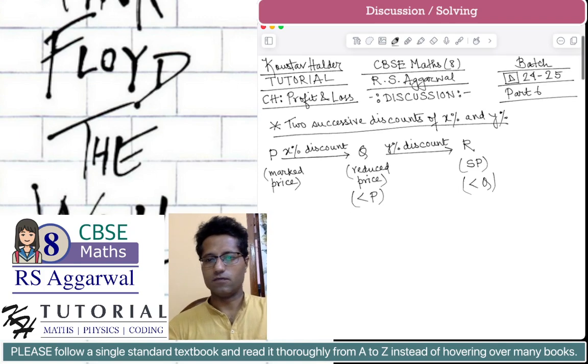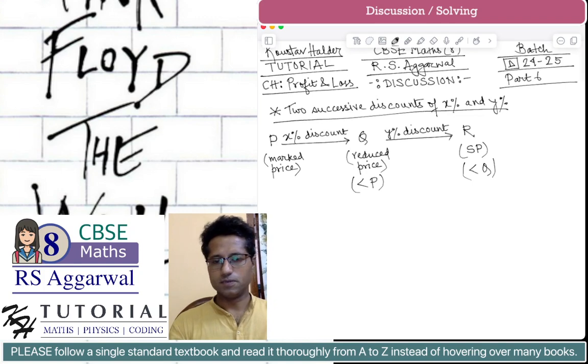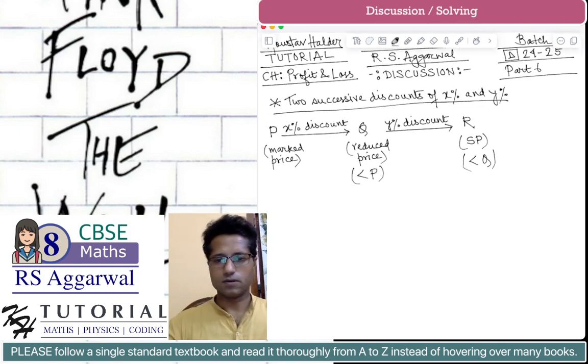Now let's see what the values of Q and R are with respect to P. P is the mark price. So what is Q?